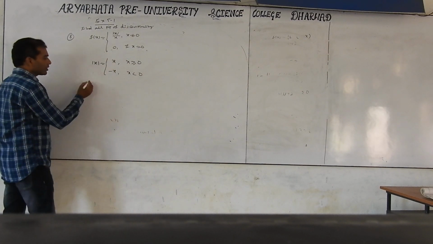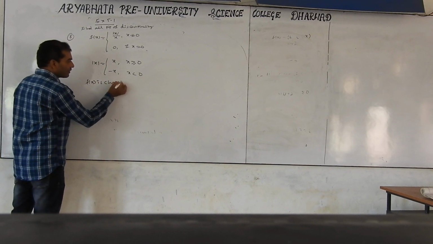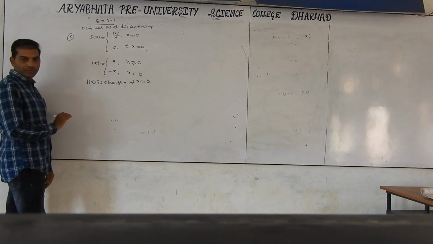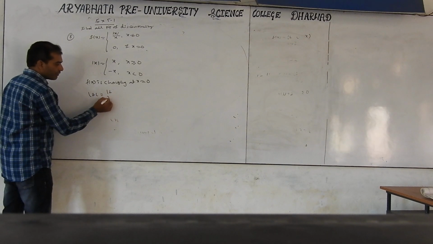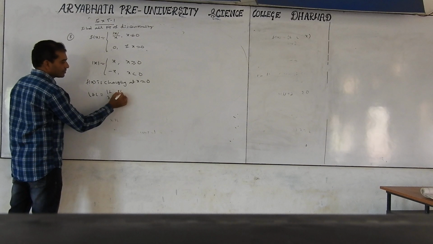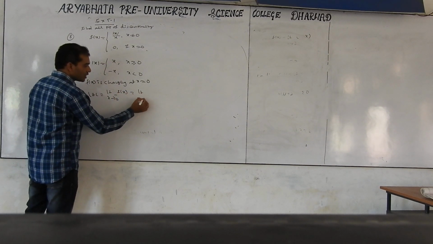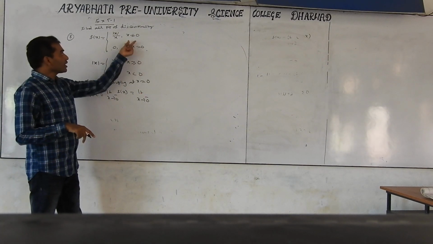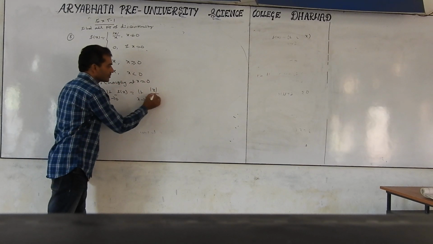Now f of x is changing at what point? x equal to 0. Find the left limit, LHL, limit of x tends to 0 minus f of x. Limit of x tends to 0 minus means x not equal to 0, so the function is mod x by x.